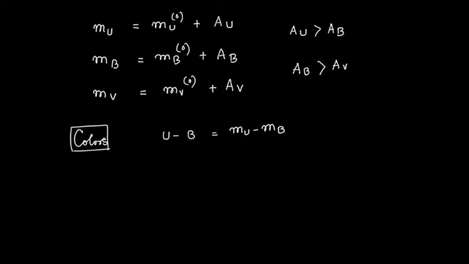Now, one thing to notice about the colors is that when I do MU minus MB, let's forget about the dust for a little while, so I am doing it for the no dust case.